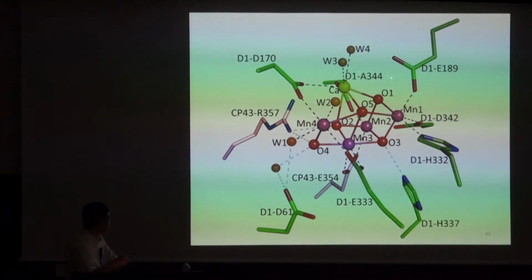So the ligands of the metal cluster are provided by, in total, 7 amino acid residues. And most of them are carboxylate residues, and only one is from a histidine residue.